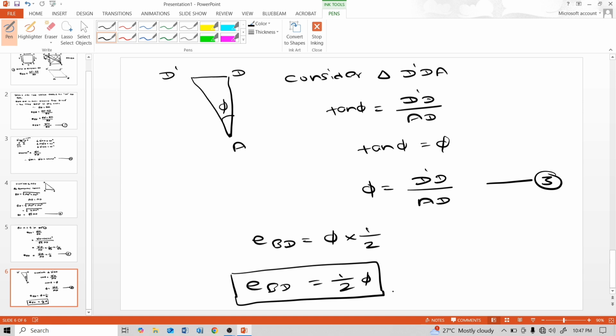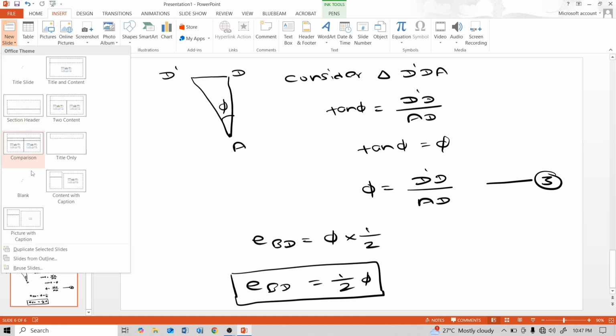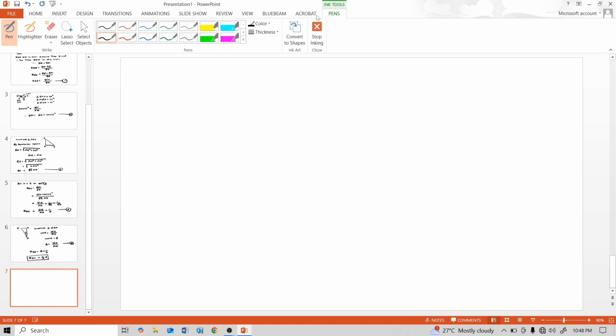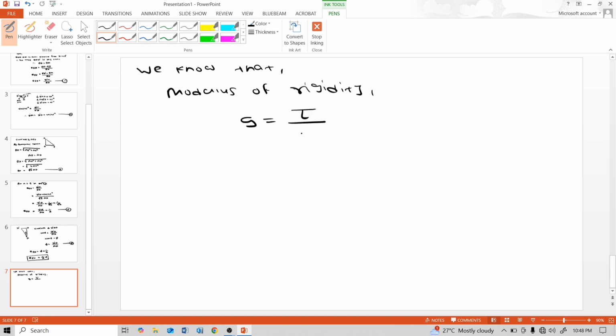shear stress to the shear strain. Next see, we know that modulus of rigidity denoted by G is shear stress denoted by tau and shear strain denoted by phi.